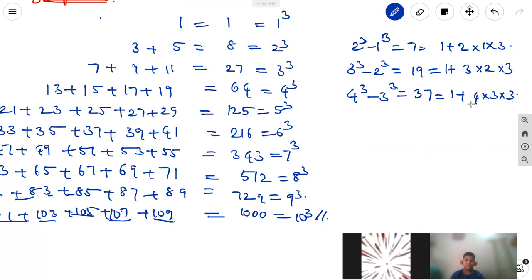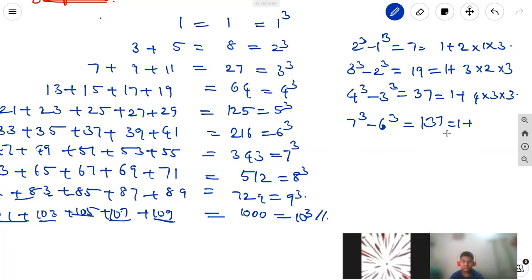Okay. In that way, in the same way, 7 cube minus 6 cube. What are we getting? 7 cube minus 6 cube is 343 minus 216, which is 127.